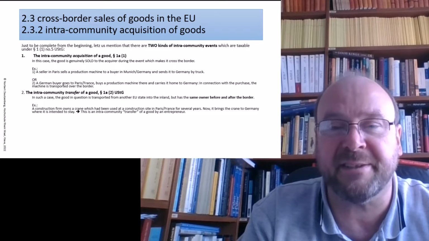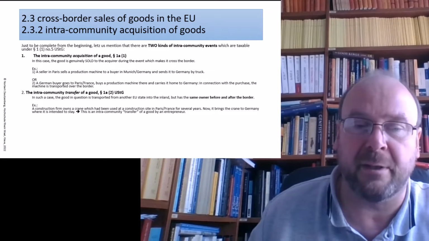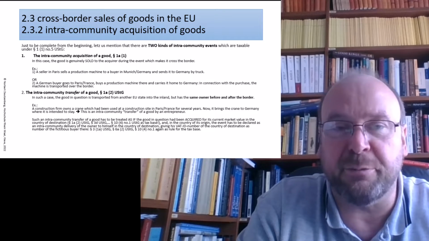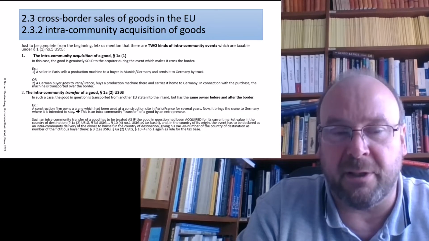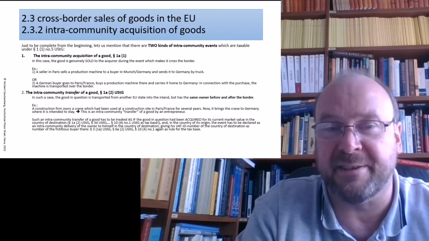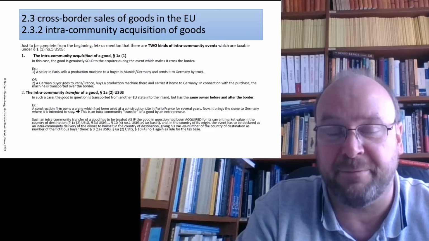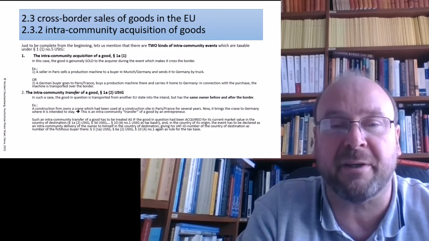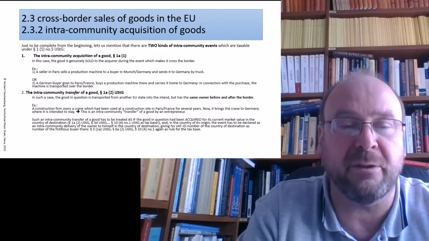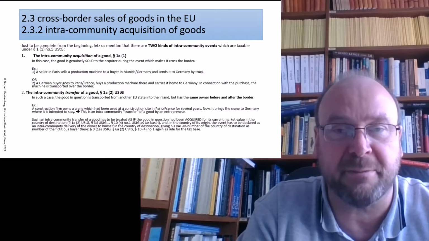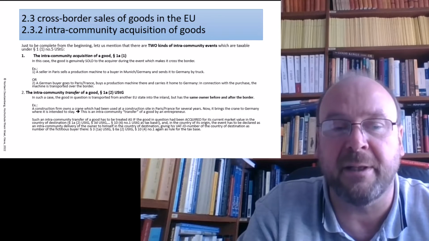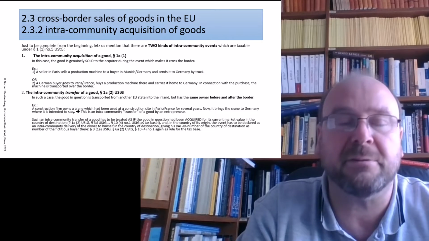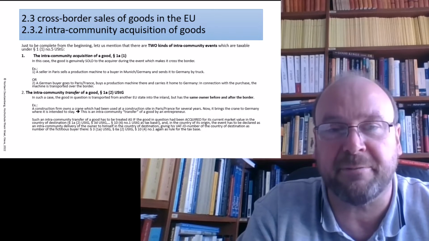Now the crane is here in Germany. Such an intra-community acquisition, transfer of a good, is then simply to be treated as if it had been bought for its current market value by you, the buyer, so the recipient in Germany, let's say, and as if it had been sold to you by yourself in the other country.